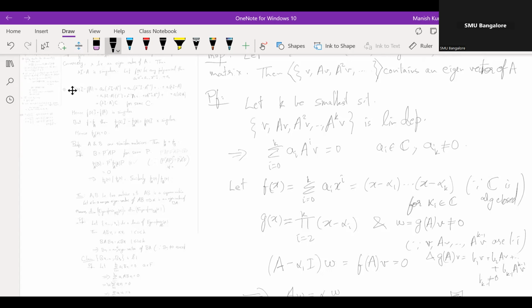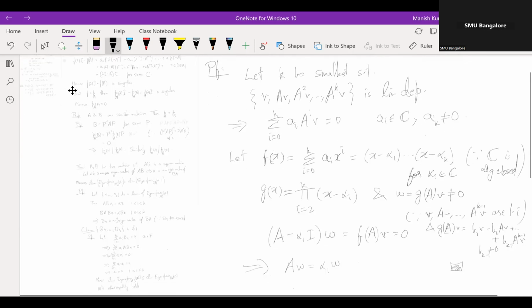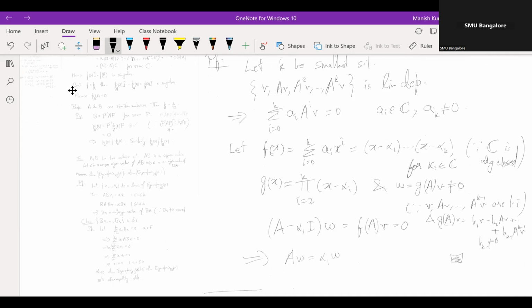So we got a vector w which is non-zero, g(A) times v. Is that okay, everyone? Now we will show that w is in fact an eigenvector of A with eigenvalue alpha 1. Look at A minus alpha 1 I, applied to w. This is A minus alpha 1 I times g(A) times v.